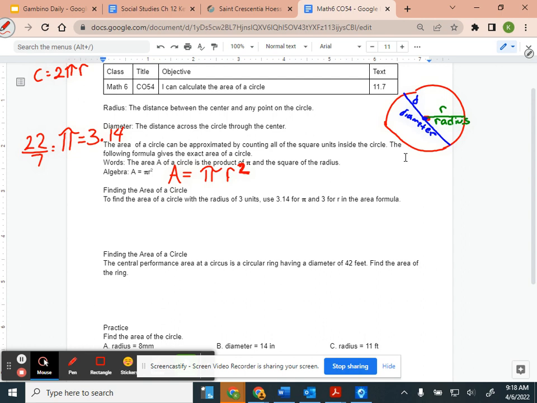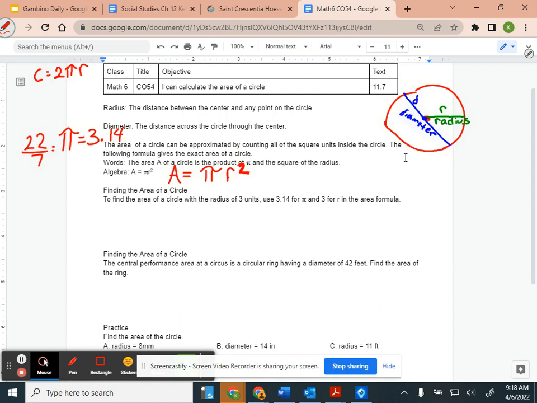So finding the area of a circle. To find the area of a circle with a radius of 3 units, use 3.14 for pi and 3 for r in the area formula. So we know our area formula, area equals pi r squared. So what equation am I going to write to find the area of this circle?